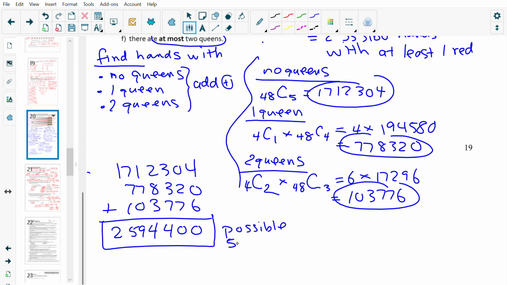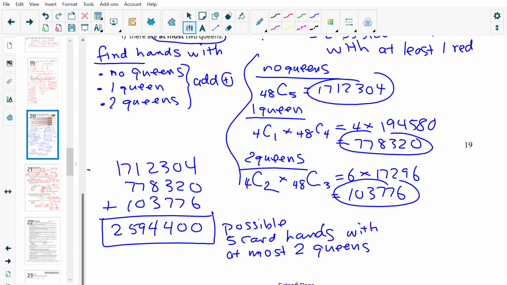What is this? Possible 5-card hands with at most 2 queens. Okay.